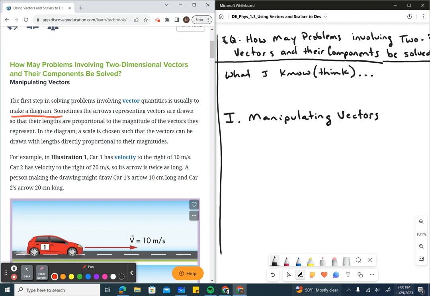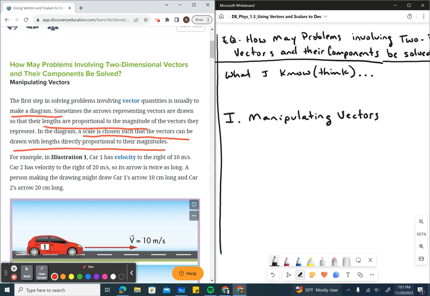Sometimes the arrows representing vectors are drawn so that the lengths are proportional to the magnitude, right? A scale is chosen such that the vectors can be drawn with the lengths directly proportional to their magnitudes.